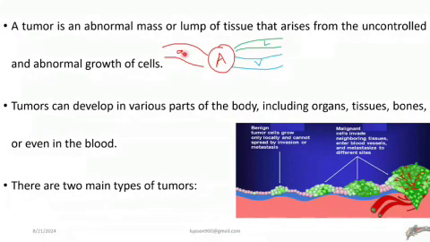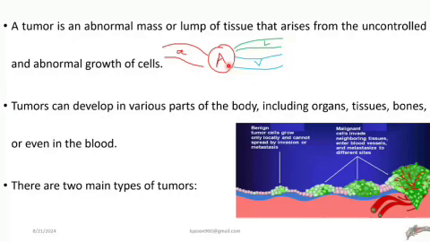Can cancer spread through arteries? If this body organ is cancerous, or has abnormal cells, tumor cells, these tumor cells can spread through the arterial blood. They are going to spread through the venous blood, because these are the blood vessels that are carrying blood away from this organ.